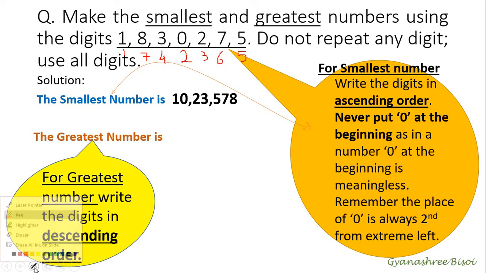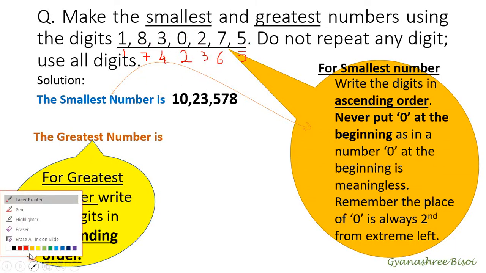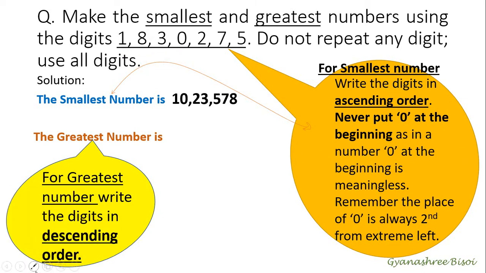Now look at the digits. In these digits, which one is the greatest digit? The greatest digit is 8. We need to write from greatest to smallest.